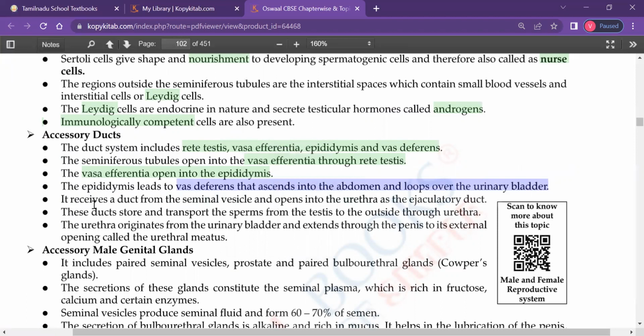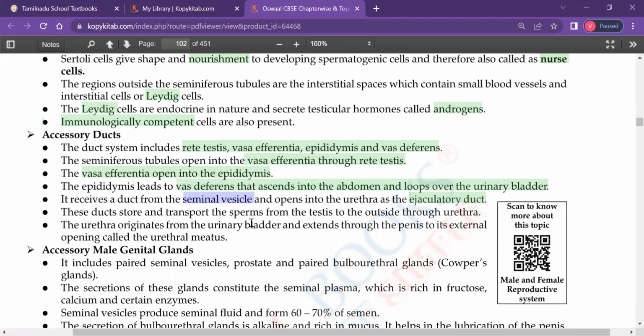Then the vas deferens receives the duct from the seminal vesicle and opens into the urethra as the ejaculatory duct. How the ejaculation happens is due to this.